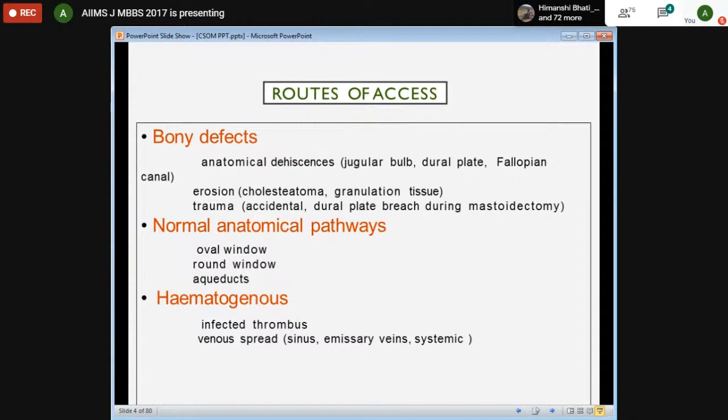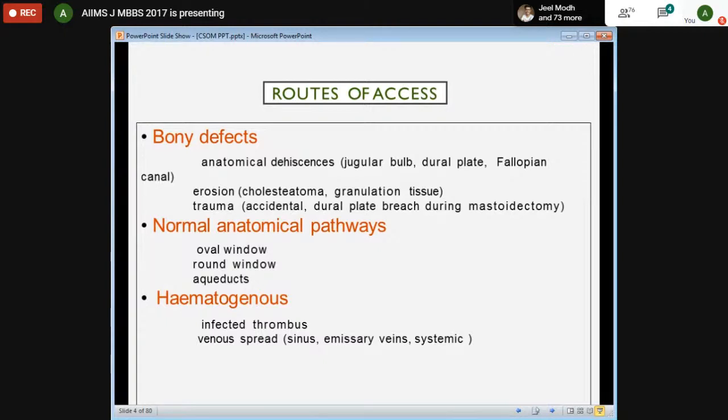In chronic suppurative otitis media, it is the chronic process. There is osteitis, an inflammation of the bone, and formation of granulation tissue, which leads to resorption of the bone. It is a prolonged process, and it leads to the complication.